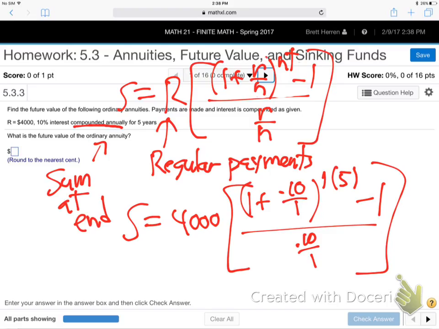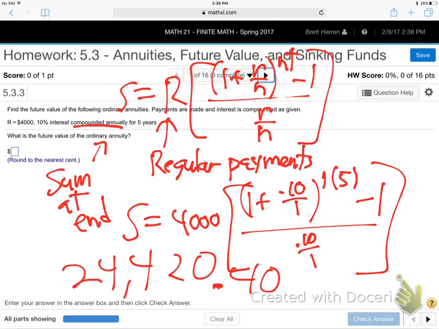I'm getting 24,420. My pen just ran out. I've got to buy a new charger for this pen. But anyway, 24,420.40, written with my finger.